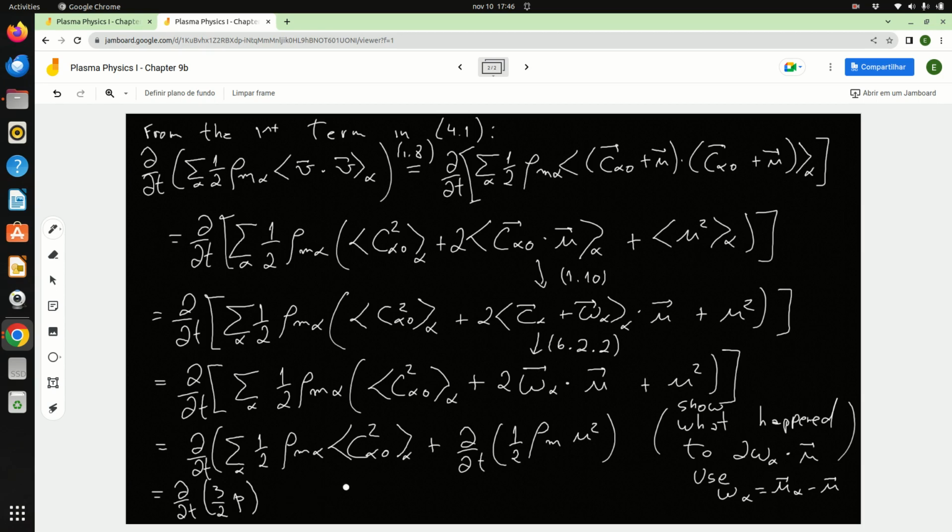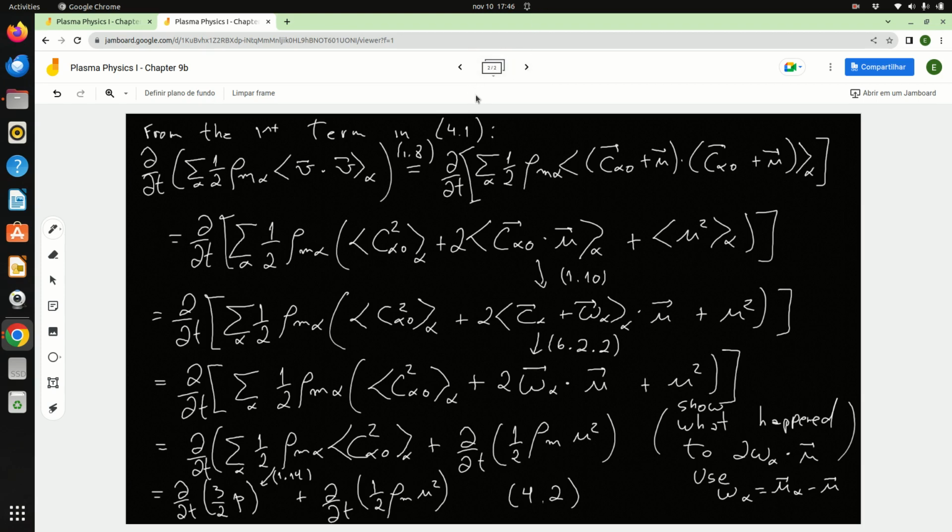Plus the rest, plus 1 over 2 rho m u square. And this is 4.2. Here I have used equation 1.14.